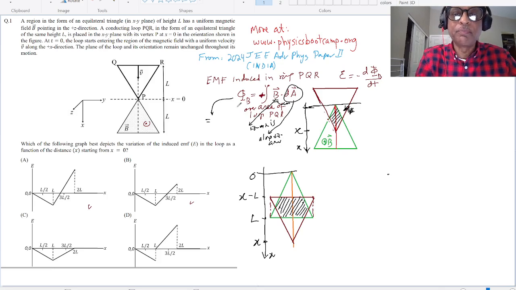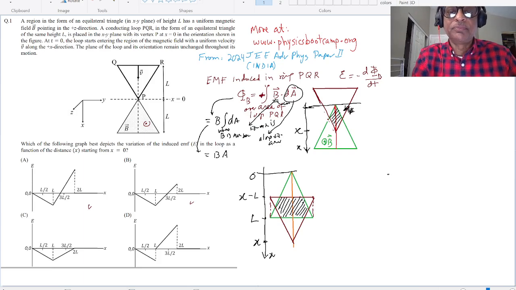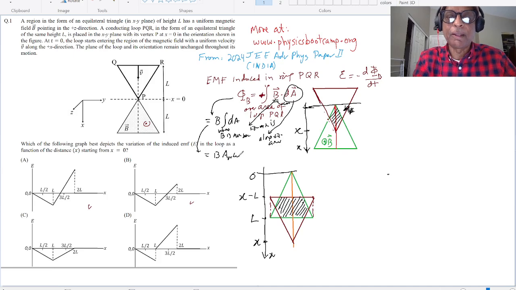So we have, the B will come out, and just the dA where B is non-zero. So this thing just turns out to be B times the area of this, but non-zero, where B is non-zero.